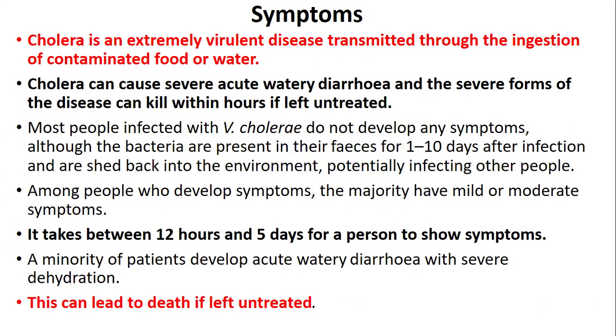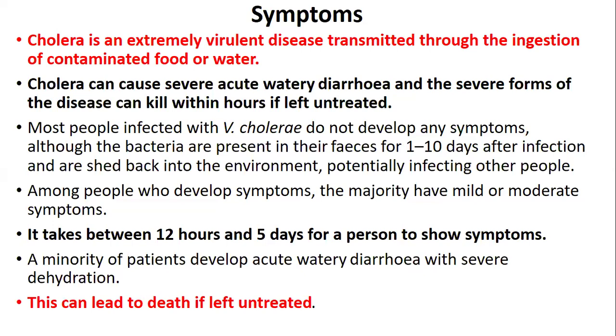Cholera is extremely virulent. It is a disease transmitted through the ingestion of contaminated food and water, and it can cause severe acute watery diarrhoea, and the severe forms of the disease can kill within hours.